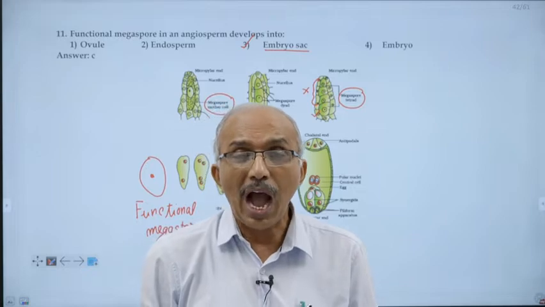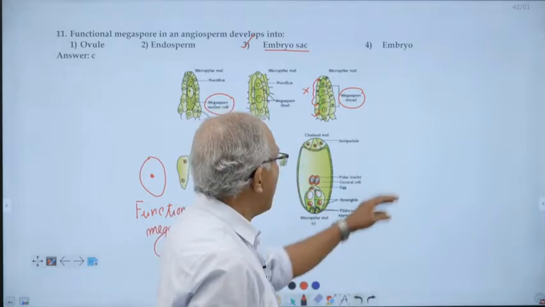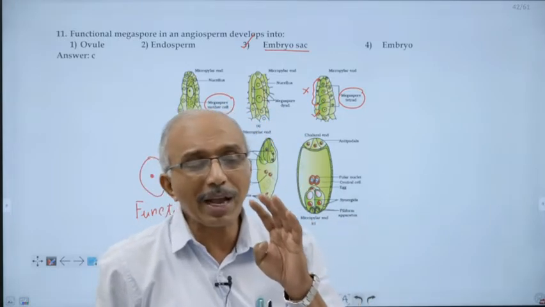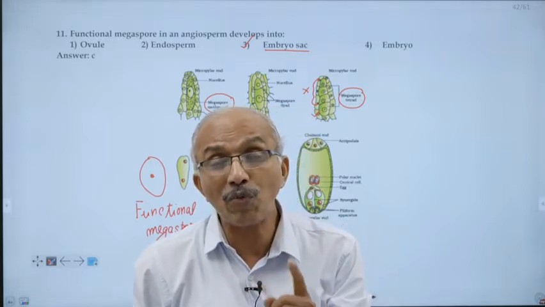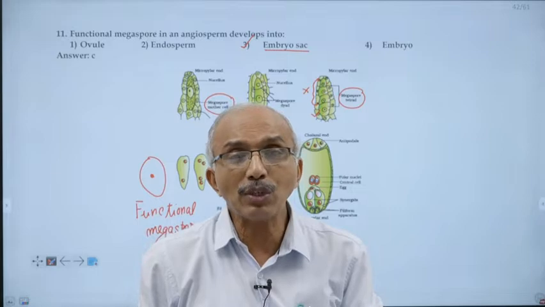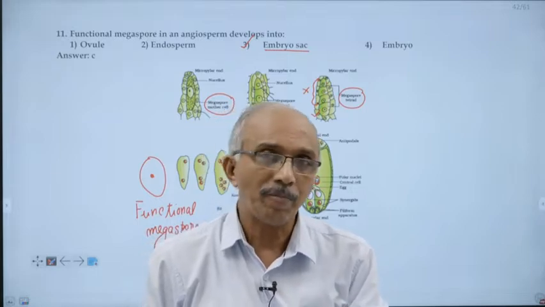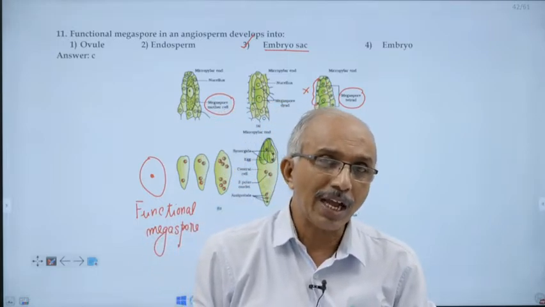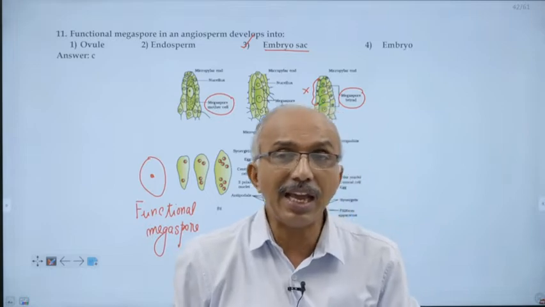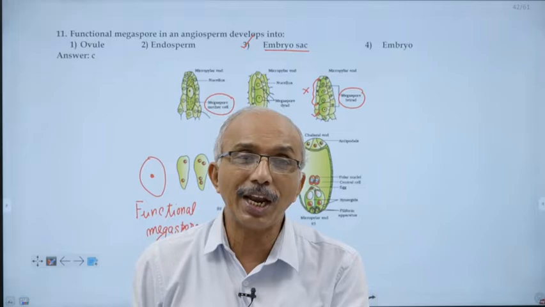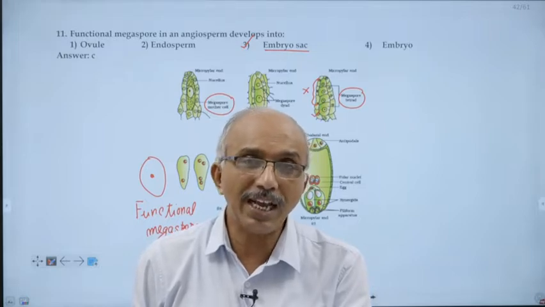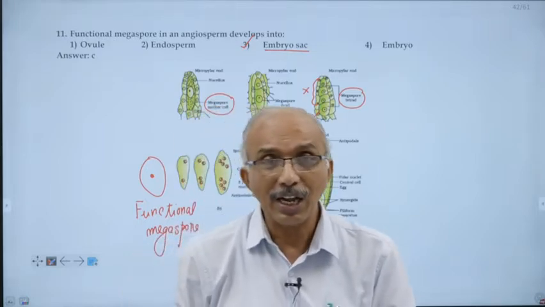So after meiosis, even though four megaspores are produced, only one becomes functional and produces the female gametophyte or embryo sac. The other three degenerate.